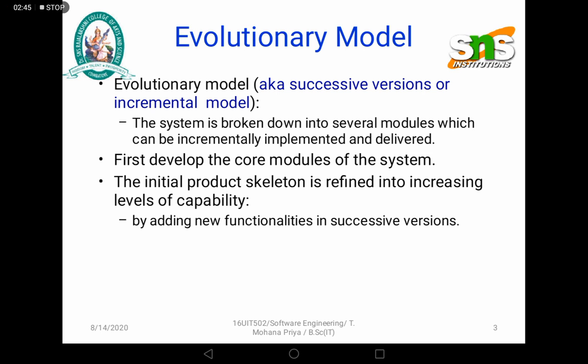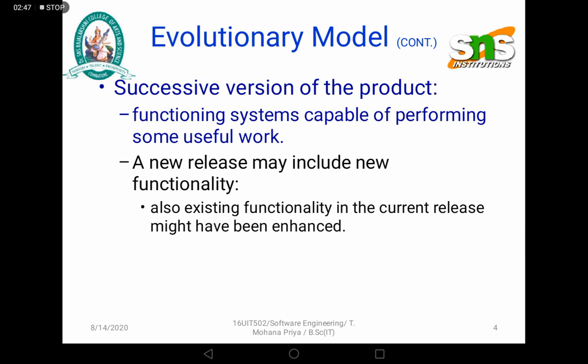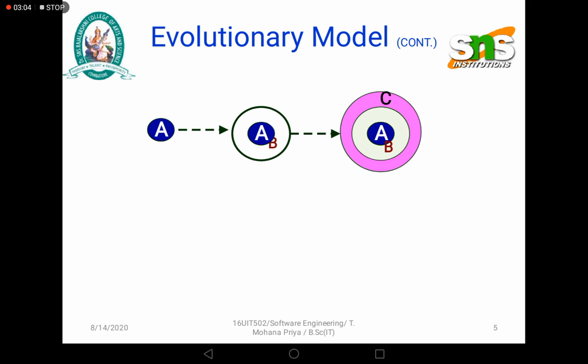In successive versions of the product, the functioning system is capable of performing some useful work. A new release may include new functionality, and the existing functionality in the current release might also have been enhanced. That is the objective of the evolutionary model.